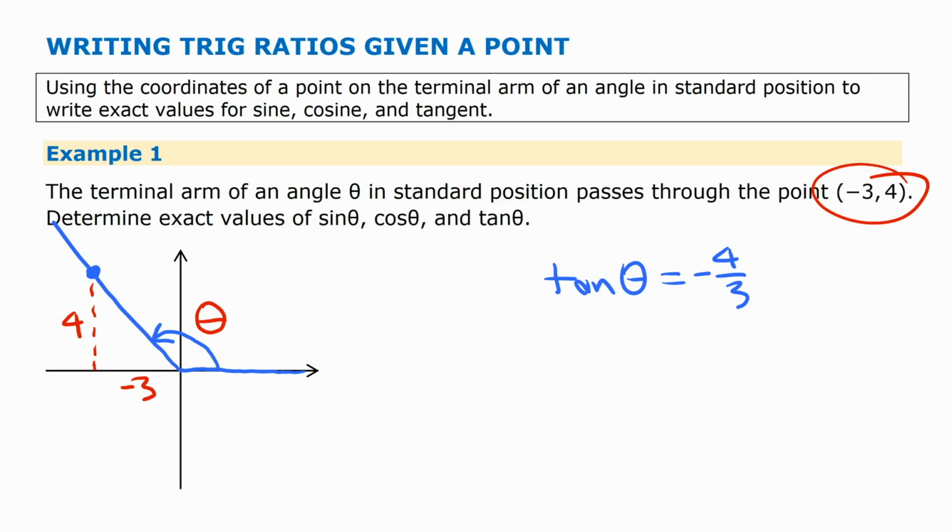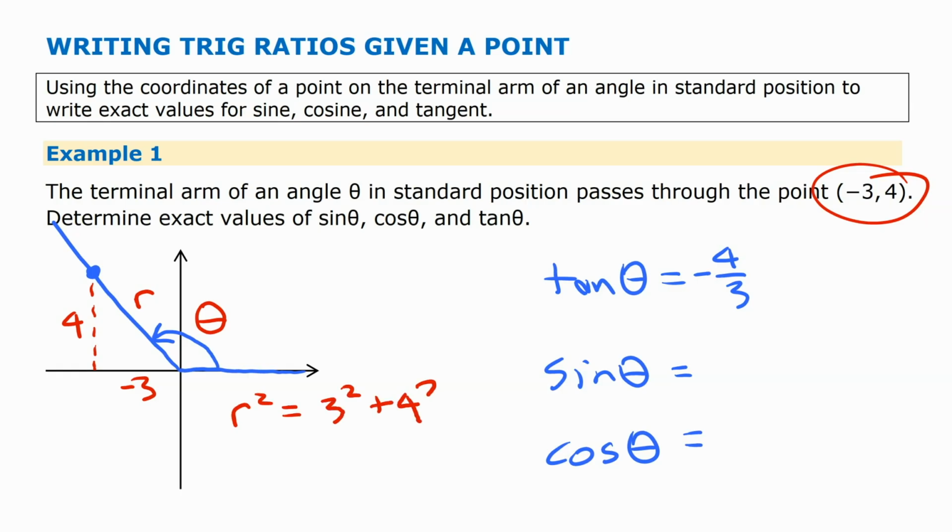For the other two ratios, namely sine and cosine, we're going to need to find the radius, this distance right there, and to do that, we can use the Pythagorean relation. So we can write r squared is 3 squared plus 4 squared. I just wrote 3 here, even though this is -3.